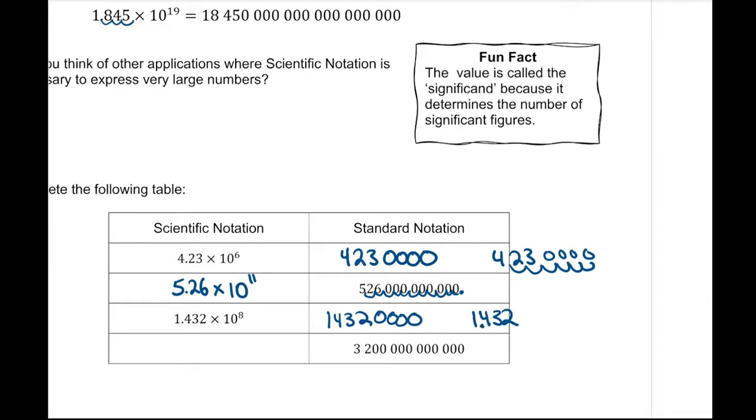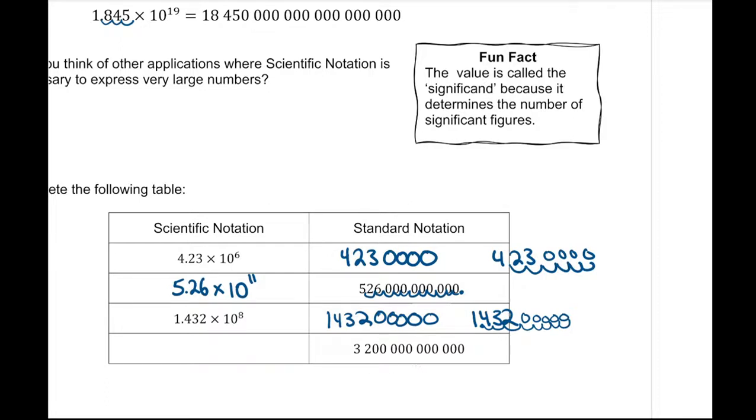The decimal's here. I'm going to move the decimal to the right 8 spots: 1, 2, 3, 4, 5, 6, 7, 8. And I'm going to put in zeros in every missing spot, which still works out to 5 zeros.